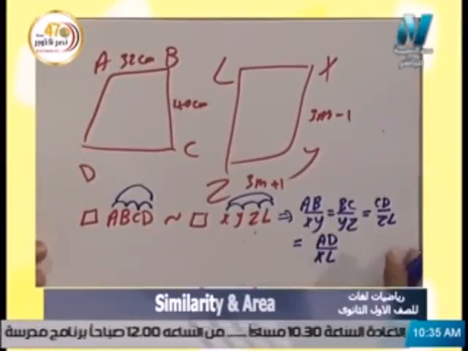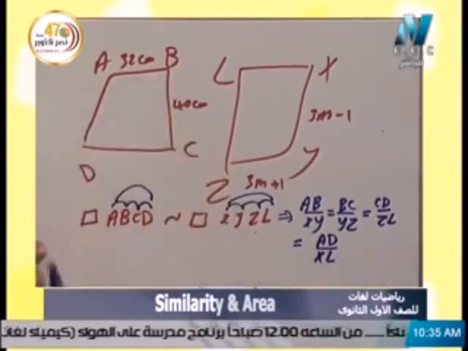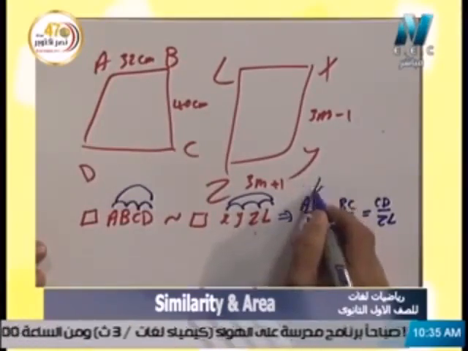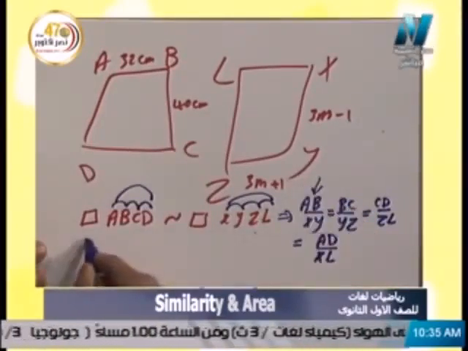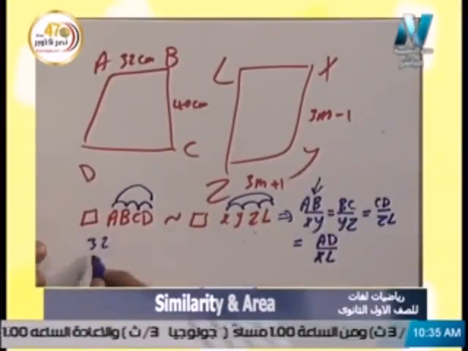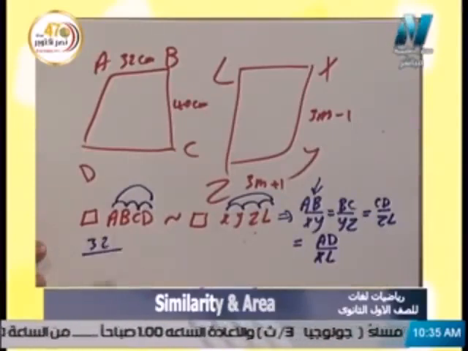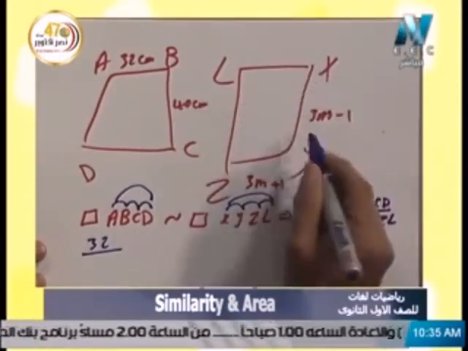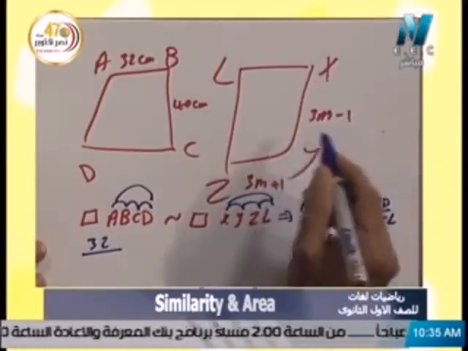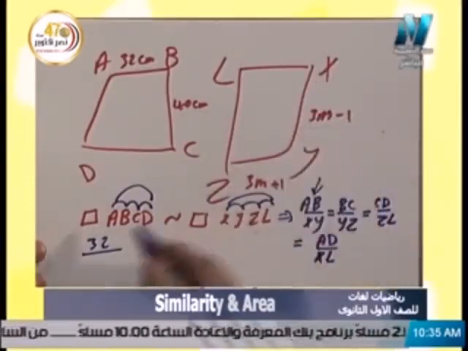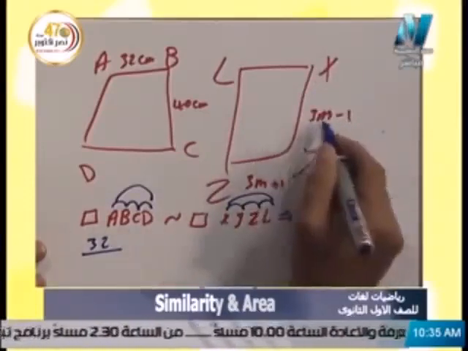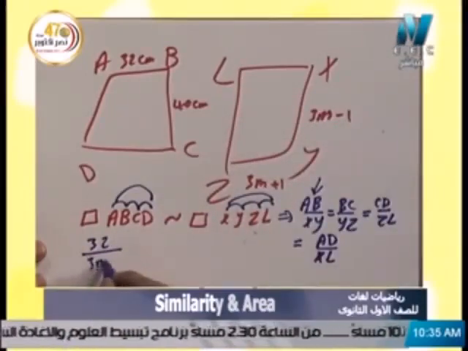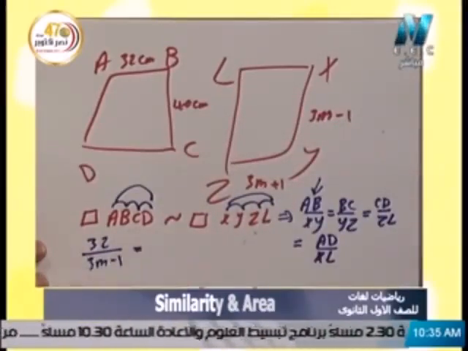Okay, AB here is 32, so we can replace AB by 32 over XY here, 3m minus 1. So we can replace XY by 3m minus 1, equal.